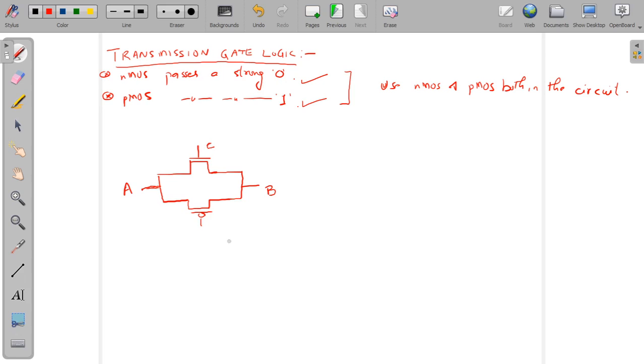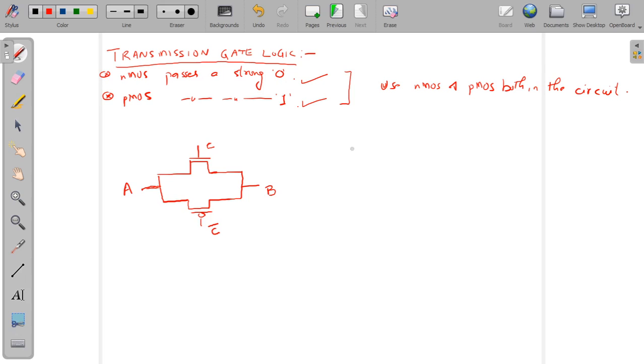Let's say this is C, and we apply the complement of the control signal at the gate of the PMOS pass transistor. So take note of this point, that the control signals provided at the NMOS and PMOS gate terminals would be complements of each other. Then only we can make use of both of these efficiently. So look at this. What happens?